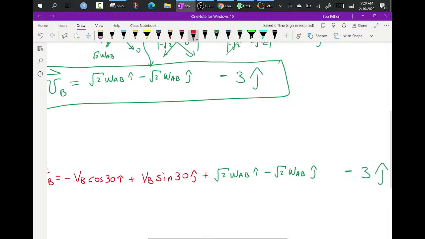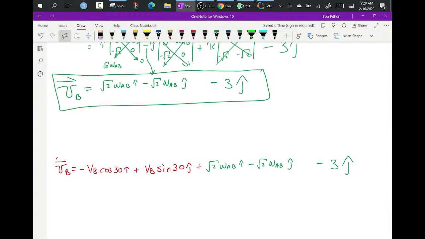And this is the equation I get. Now, this is the case, but this equals this, so I really don't need any of that. But I'll leave it there for the time being. So what I'm going to identify is the I components, and then I'm going to identify the J components.